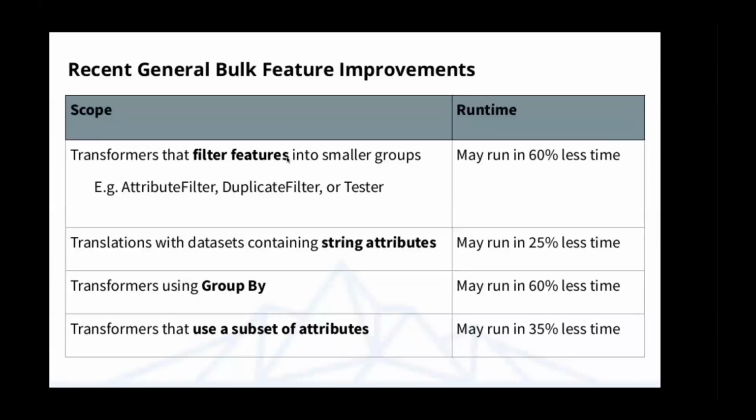So we're showing now that we've got it mostly implemented in FME, we're seeing a lot of performance improvements. Things like filters take 60% less time, anything with strings 25% less time. So basically all our transformers are showing quite a lot of improvement across the board.